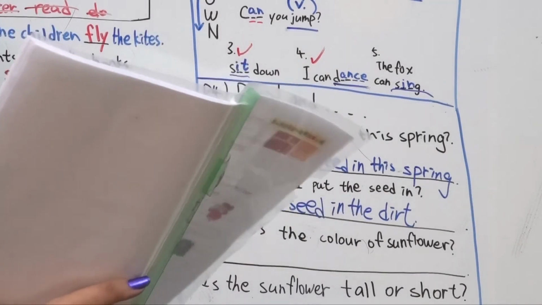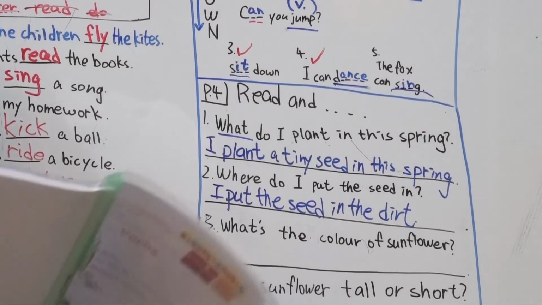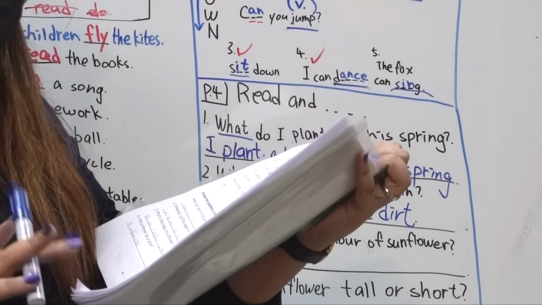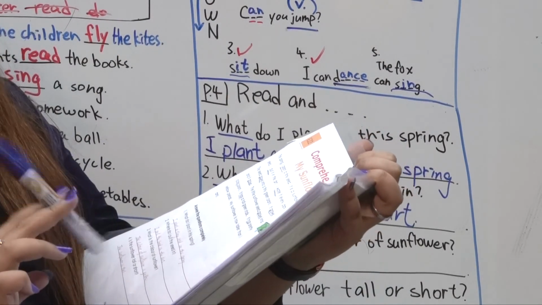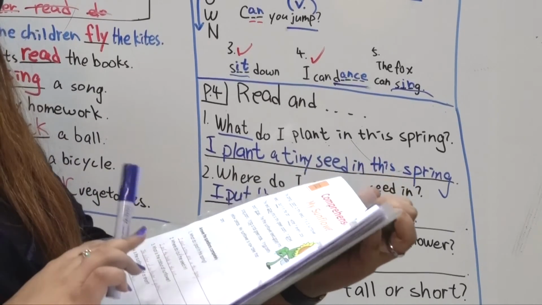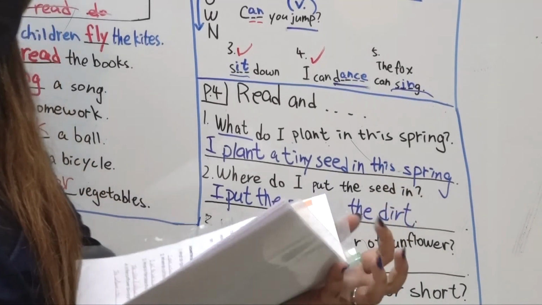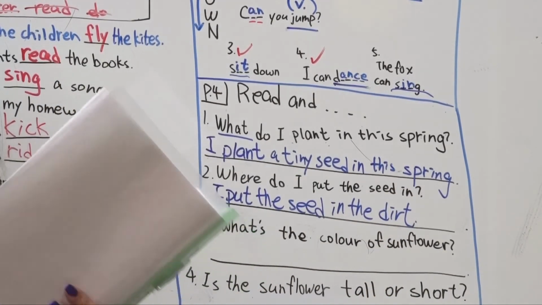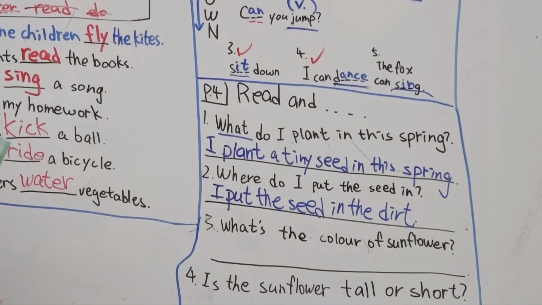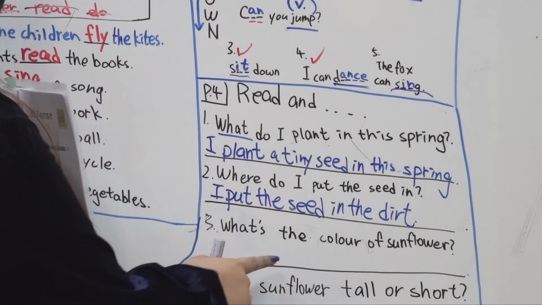So the color is in front of you. It says it grows and it grows. The little sunflower seed grows into a big plant. It has a tall green stalk. It has pretty yellow petals, right? So the color of the sunflower is yellow. Full sentence, remember, okay?